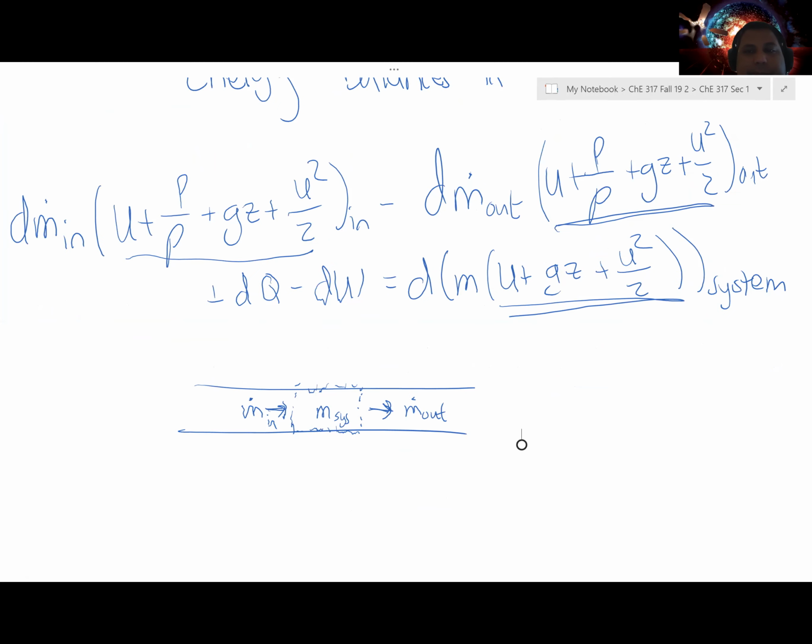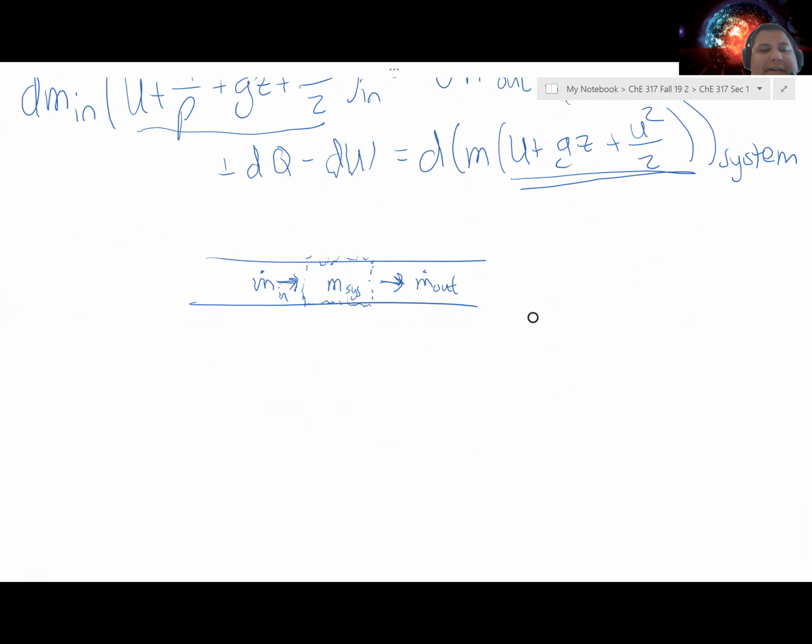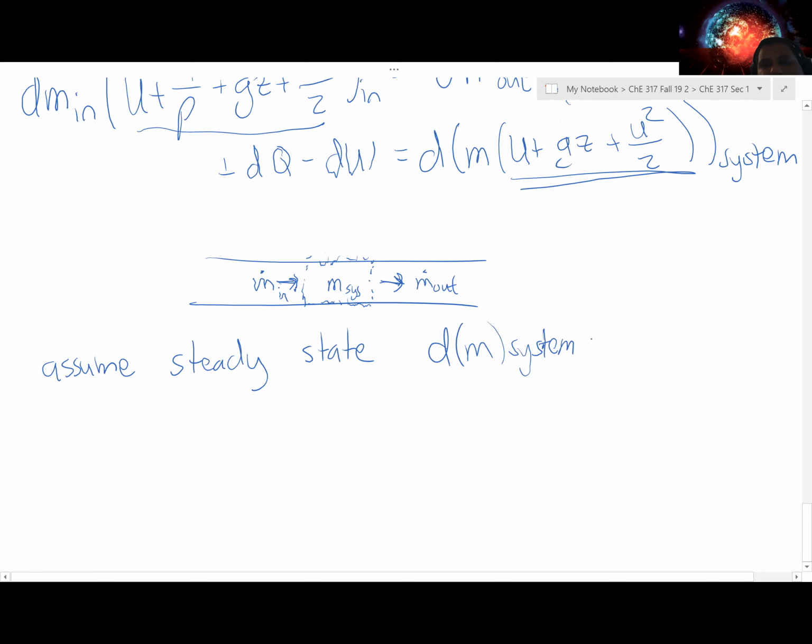And so we have this differential energy balance over this system. Now, if we're going to assume steady state, we could say dm of the system equals 0.